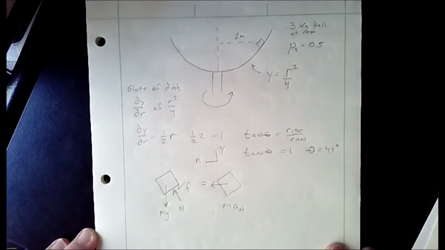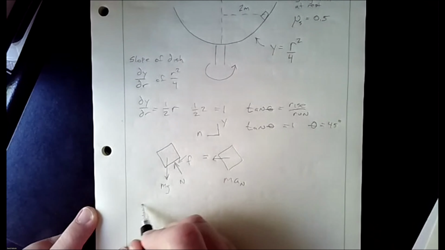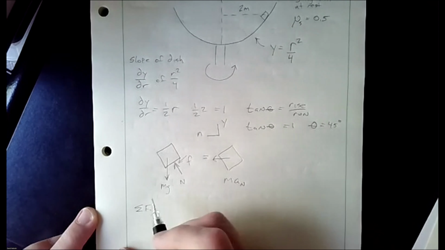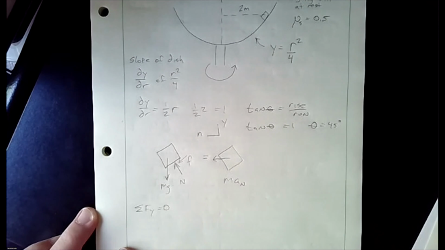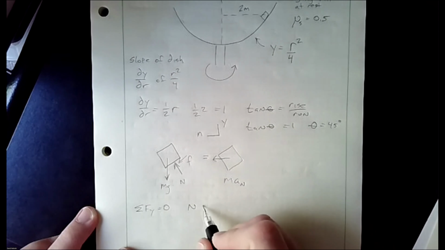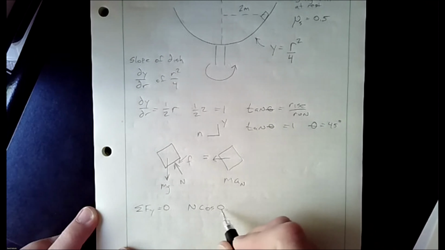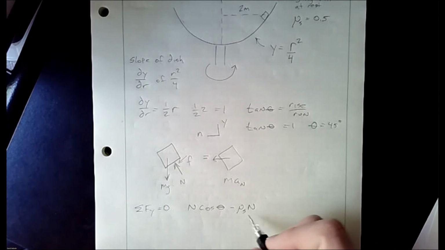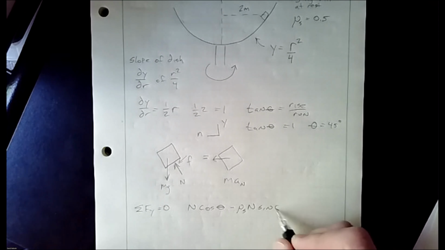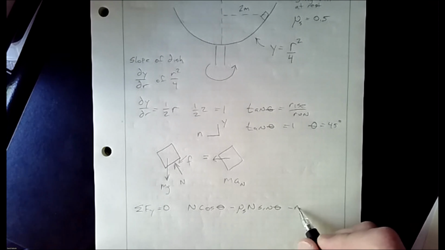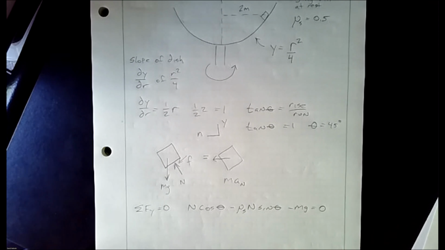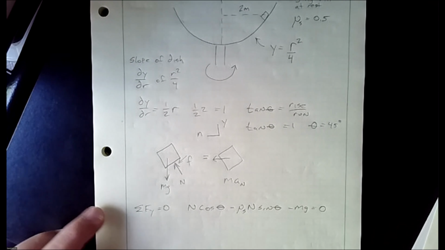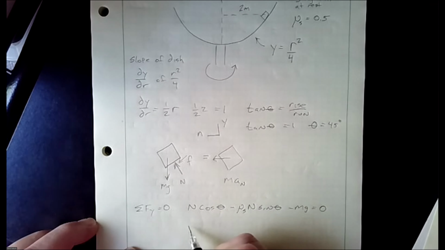Okay. So let's go ahead like we did before. We're going to sum the forces in the y to 0: n cosine theta minus mu static n, which we're substituting for friction, sine theta, minus mg equals 0. Okay. So we solve, and we know that's 45, that's 45.